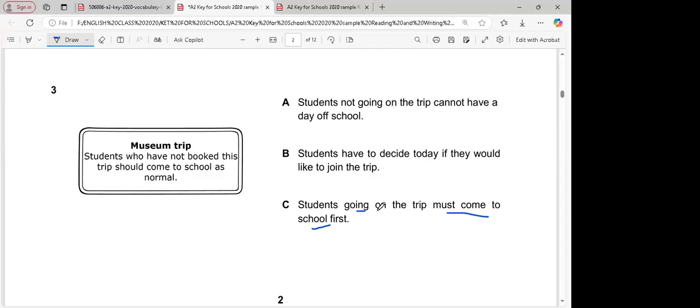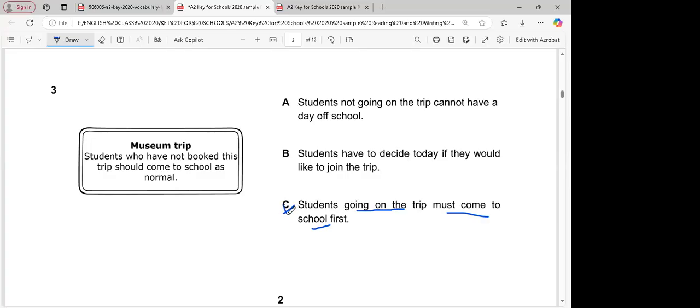Students who have not booked this trip, in the sense, those who are not going on the trip, should come to school as normal. You can understand if it is the trip day, everybody should come. Those who are going on the trip will go, but others will take this as a normal school day. That is what they're trying to say. So your answer is wrong.